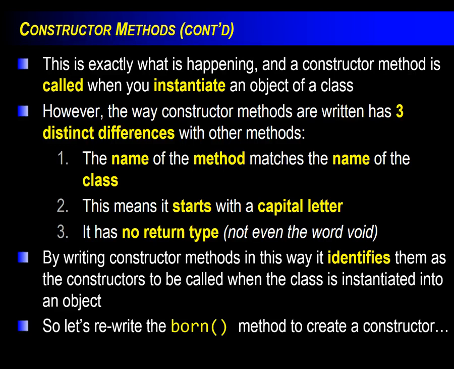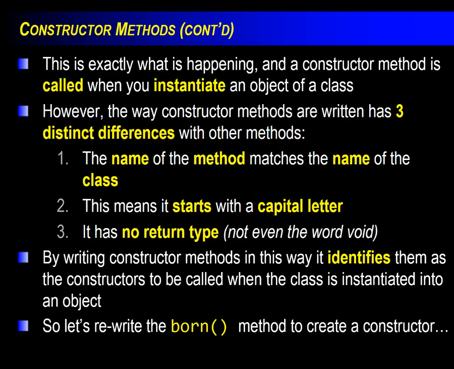But constructor methods are written a special way. So I'm just going to show you the rules for them, and then we're going to do it. Here are the distinctions between constructor methods and regular methods. 1, the name of the constructor method is the same name as the class. So our method's going to be called Person, which is weird because that's what the class is called. But that's how it knows it's a constructor method. Which means, number 2, it starts with a capital letter, which usually breaks the rules.